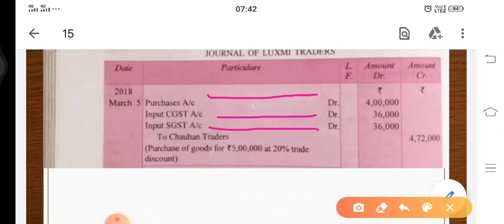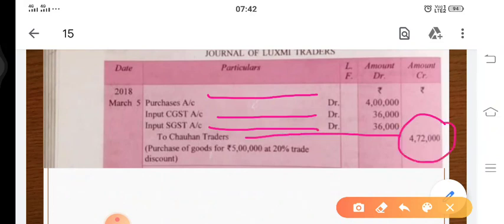Now since we have purchased goods from Chauhan Traders, it simply means that cash is yet to be paid, since we have given emphasis on the name of Chauhan Traders. It simply means that it's a credit transaction and that is why Chauhan Traders, being the giver, got credited.